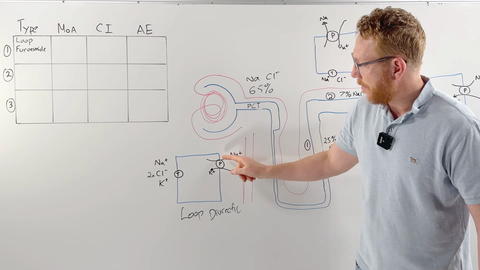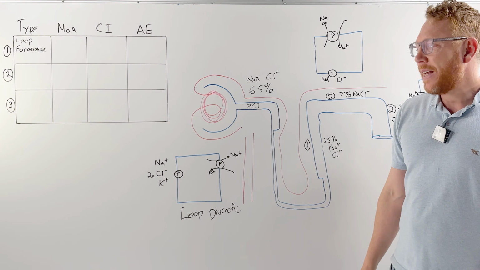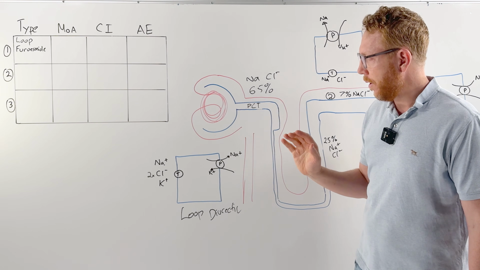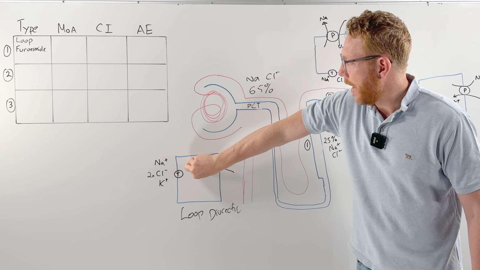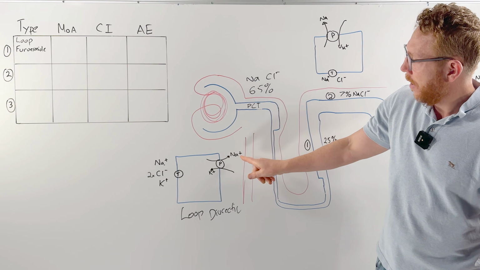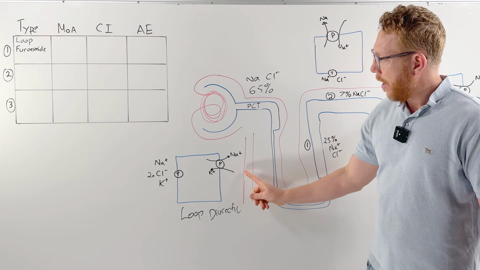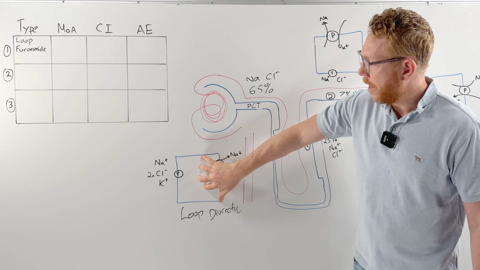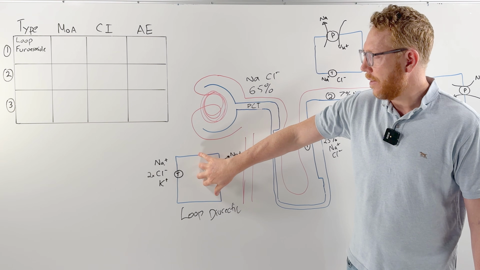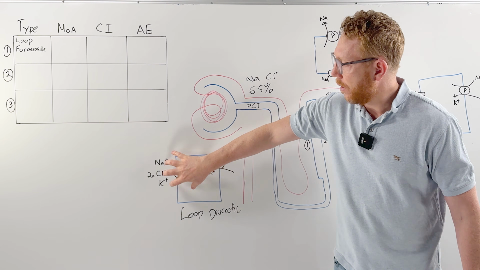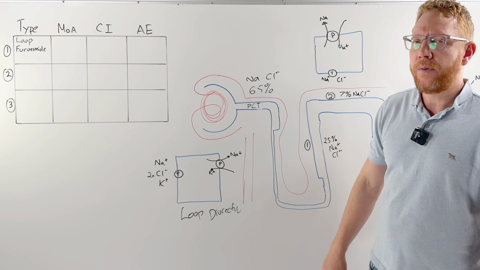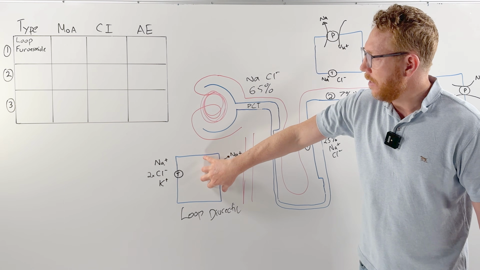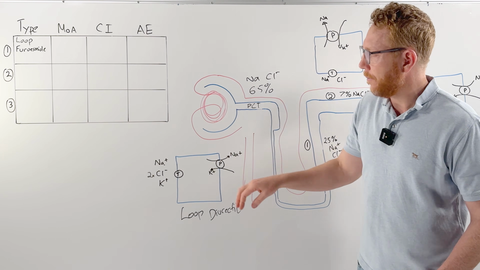The first thing I'm going to draw your attention to is that at the basal surface of the tubular cell, we have a pump. This is a sodium-potassium pump. It drags sodium out and dumps it into the blood, and puts potassium back into the cell. This generates a low sodium count inside the cell, which becomes important for the gradient that brings sodium and other electrolytes into the cell, out of the filtrate.